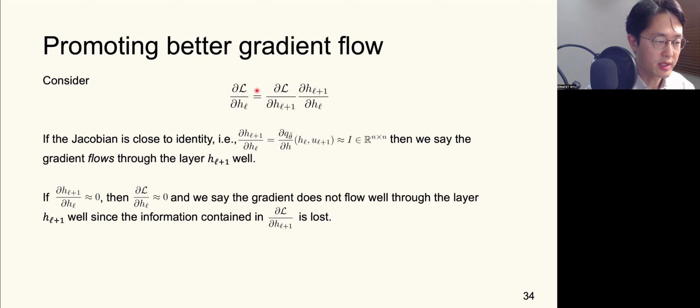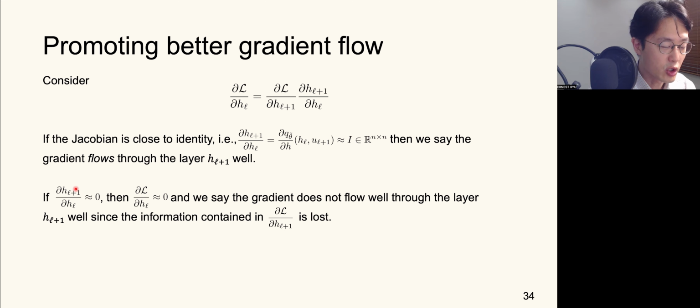So again, let's look at this chain rule formula. dL/dh sub l is dL/dh sub l+1 times dh sub l+1/dh sub l. We say that if this Jacobian matrix is close to identity, so dh sub l+1/dh sub l, which is equal to the derivative of the recurrent function with respect to the hidden input h, then we say that the gradient flows through this layer well.